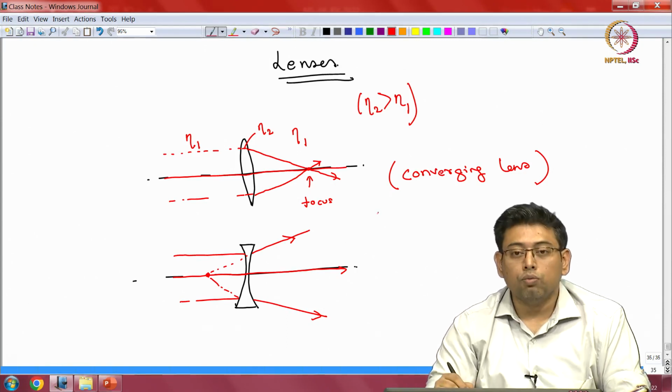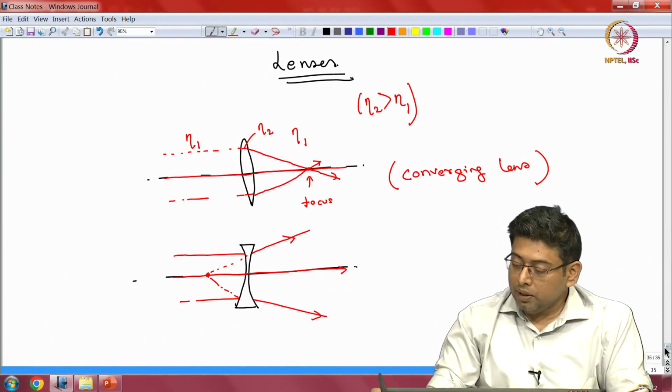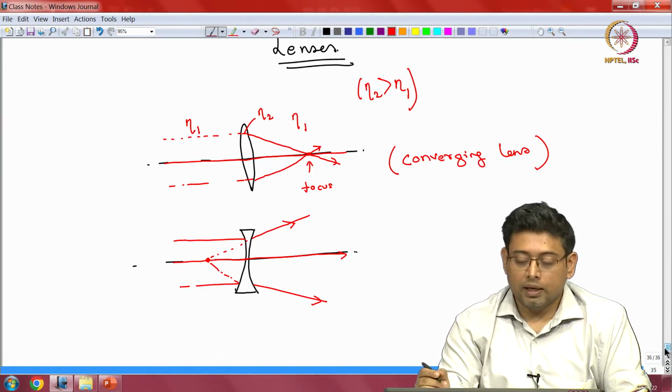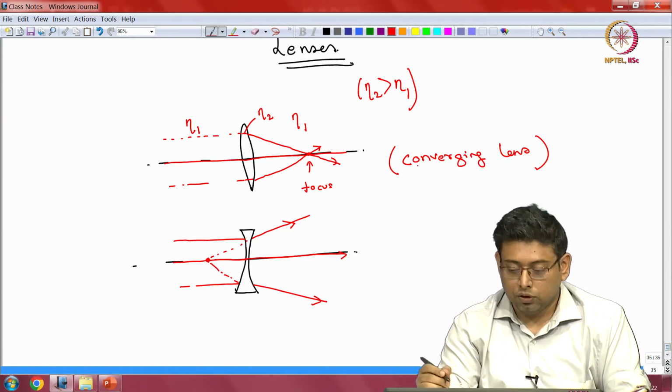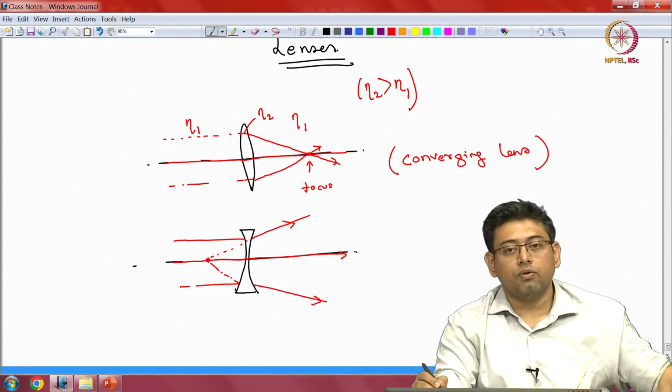Now these are the two most common lenses that you will encounter. Most imaging lenses, for example, if you have a DSLR lens or any other, even if you are looking at a microscope lens, you will mostly encounter converging lenses, right, or a sequence of converging lenses.